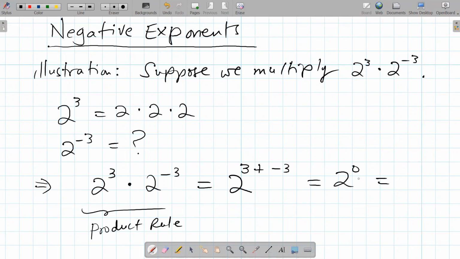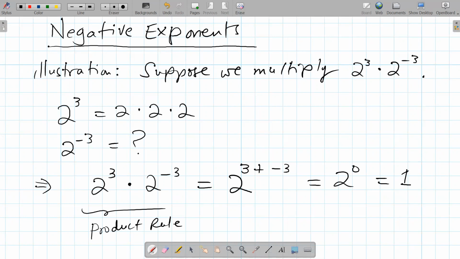Now, we also established the zero power rule. The zero power rule says that anything apart from zero that you raise to 0 should give you 1. Any expression, any number except for 0, when you raise it to 0, it has to give you 1. The reason is because anything raised to 0 is taking that thing and dividing by itself, and that gives you 1.